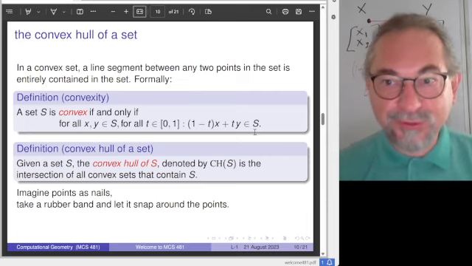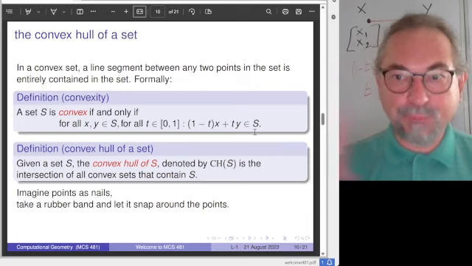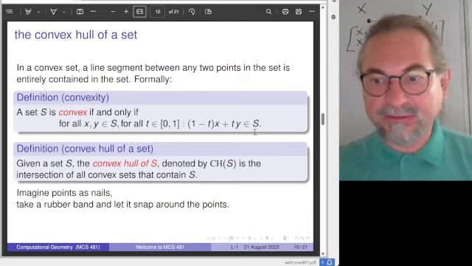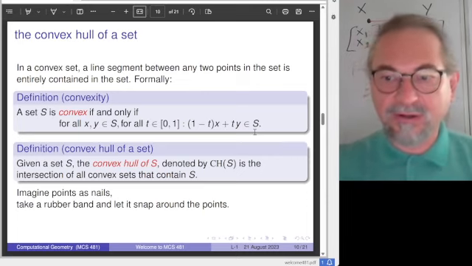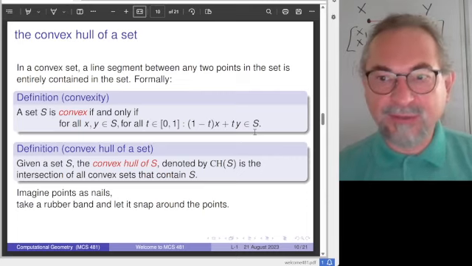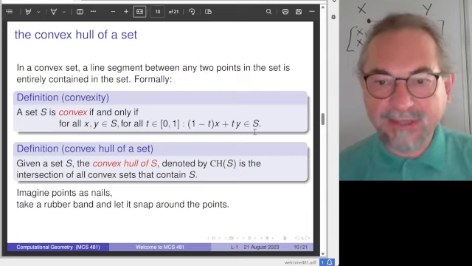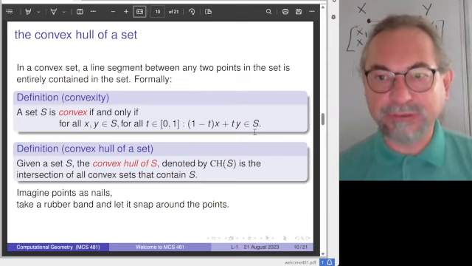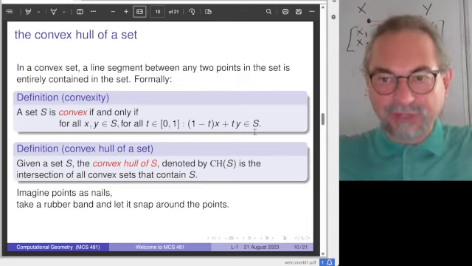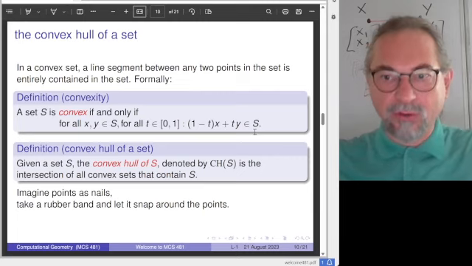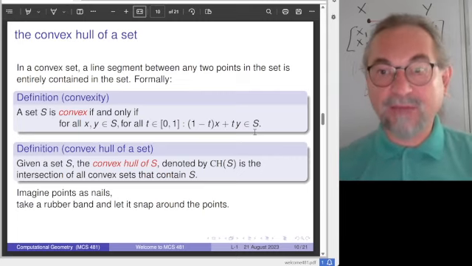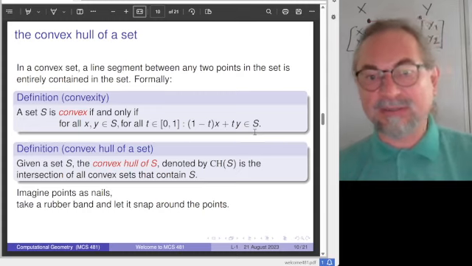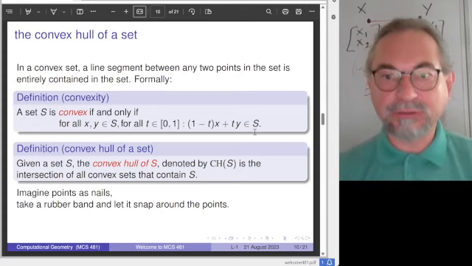The book uses the image of points as nails sticking out of the plane, and you imagine a rubber band and you let that rubber band snap around the points. So you stretch your rubber band and then you let go, and your rubber band will have the minimal length surrounding all the points. So that is the convex hull.